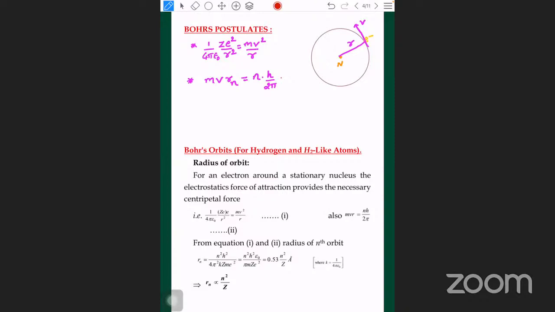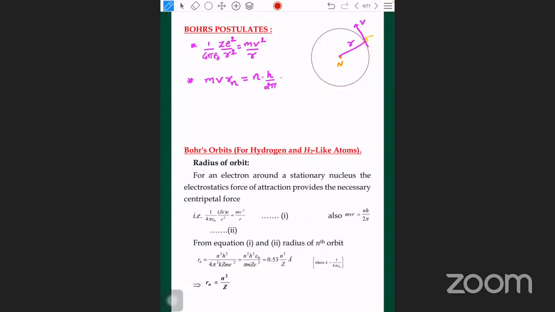So please remember, the necessary centripetal force is equal to the electrostatic force between the nucleus and the electron.